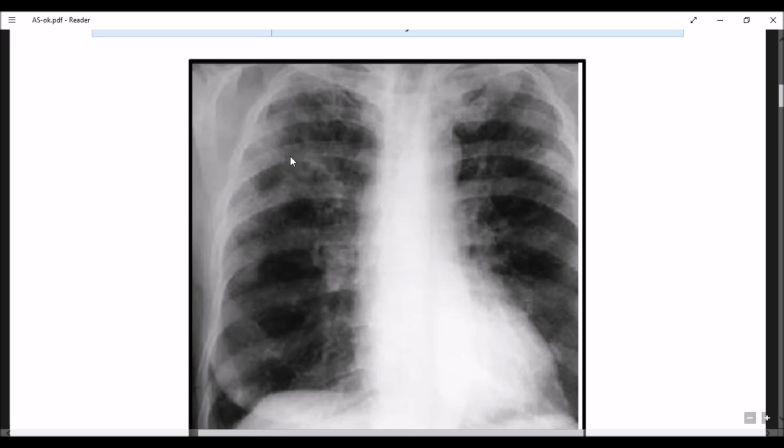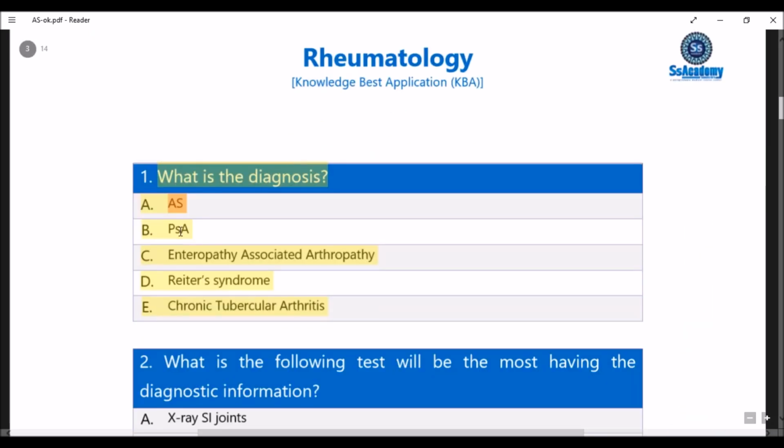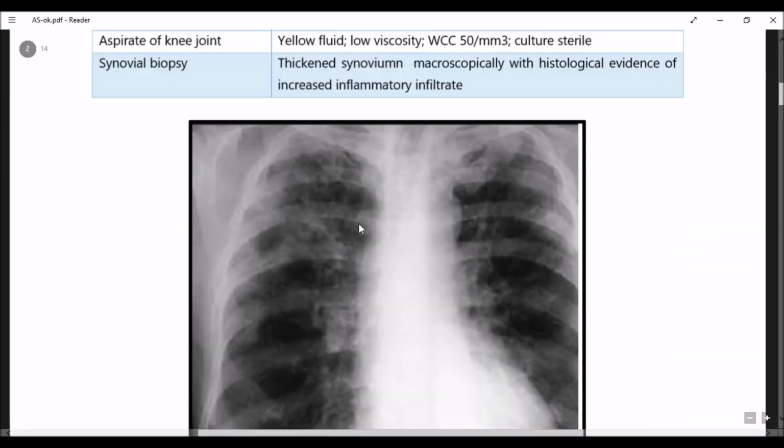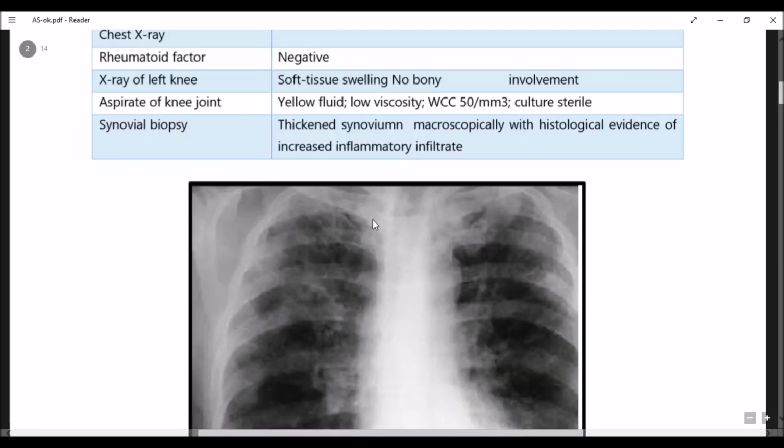Apical shadowing, once again, means apical zone fibrosis: A for apical, A for ankylosing spondylitis, and psoriatic arthritis can also cause it. But others don't produce apical zone fibrosis. But TB, once again, lung fibrosis can be caused by tuberculosis. So that is the one photography that we have seen here.